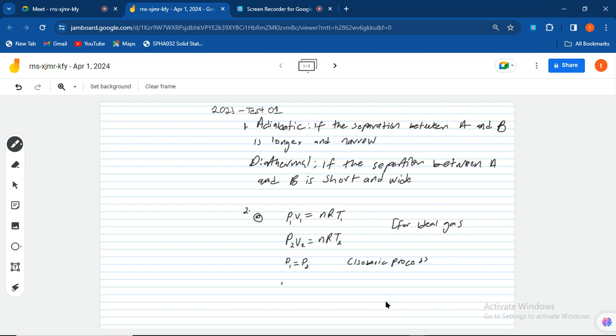They say we have V2 equal to V1 over 2. That's what else we have. That's what we know as well.